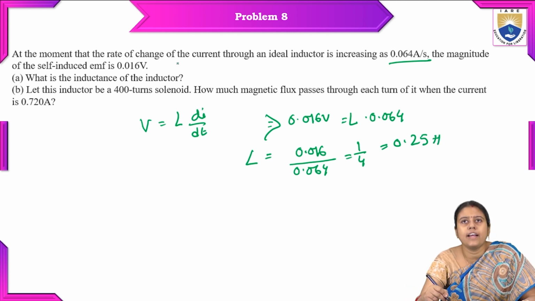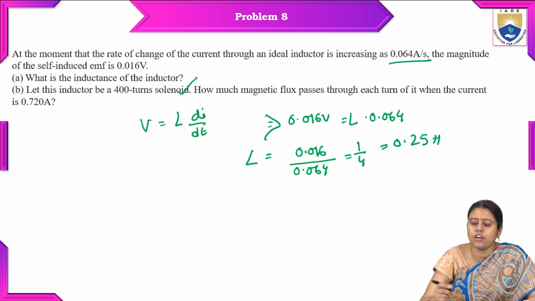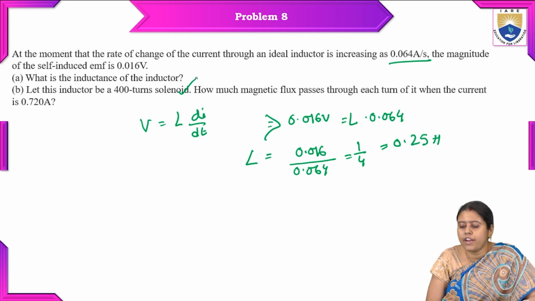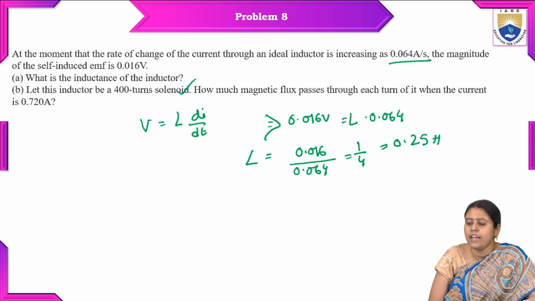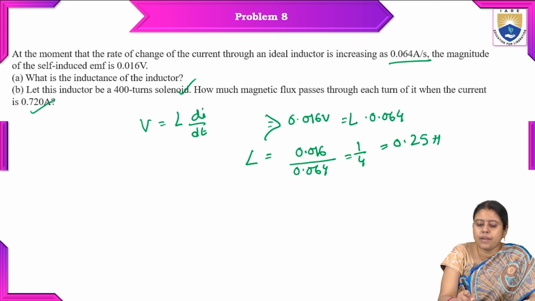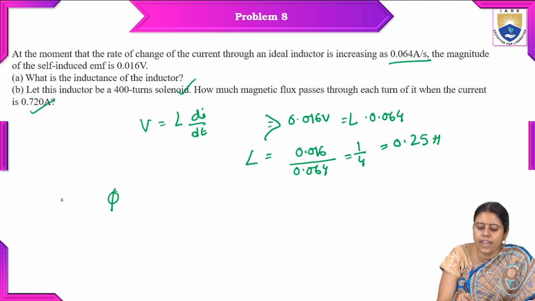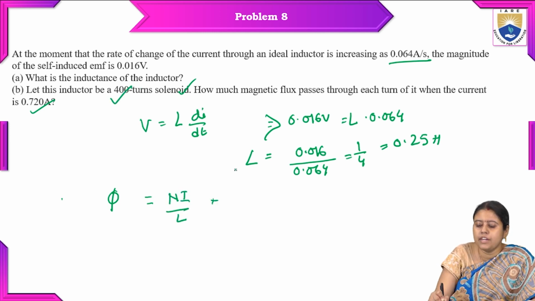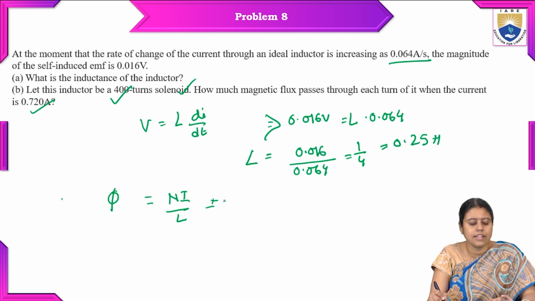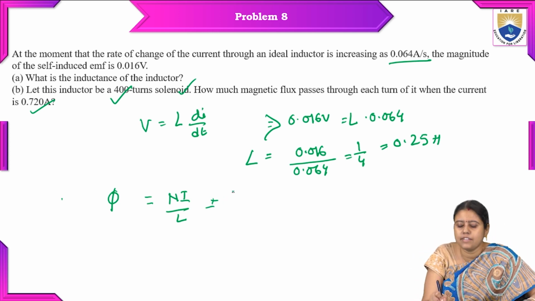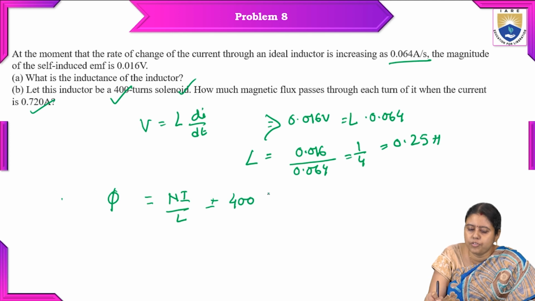Let the inductor have a 40 turns solenoid. How much magnetic flux will pass each turn if the current is 0.720 ampere? So what is flux? We know that the flux is equal to N I by L. N is nothing but the number of turns, and the number of turns is equal to 400.